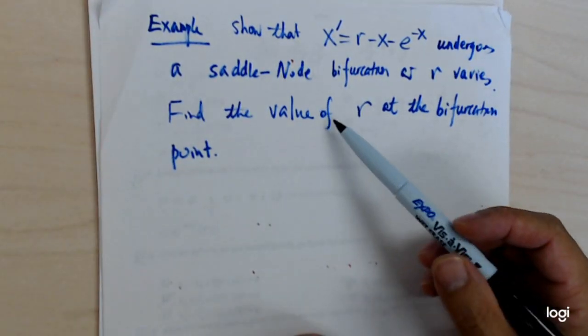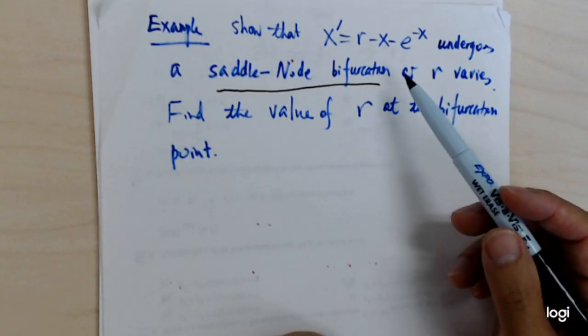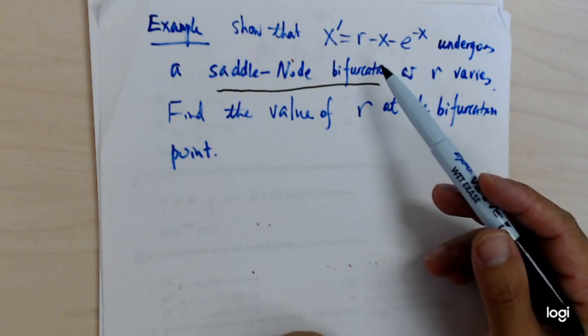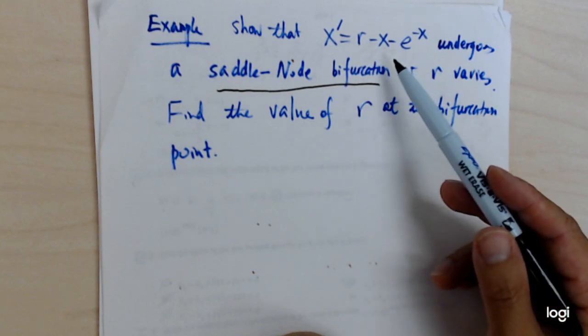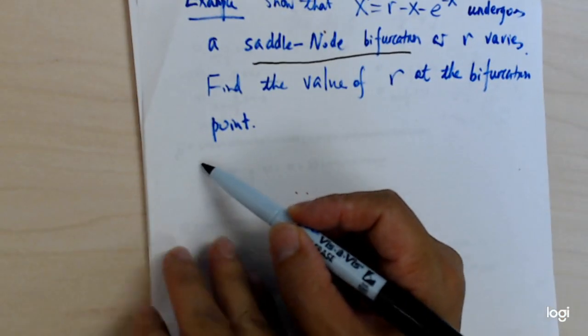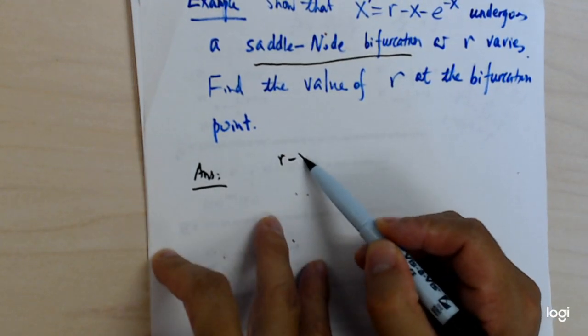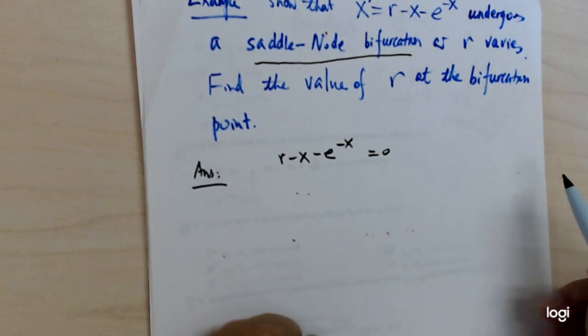So saddle node bifurcation, once again, means we need to study the number of equilibria. So how do we study the number of equilibria for this guy? Obviously we have to set this equal to 0. That'll produce the equilibrium.